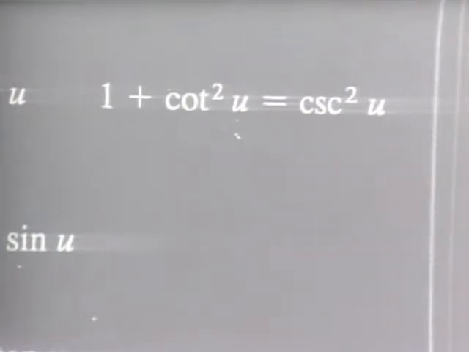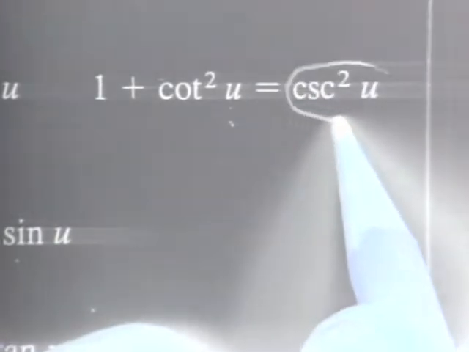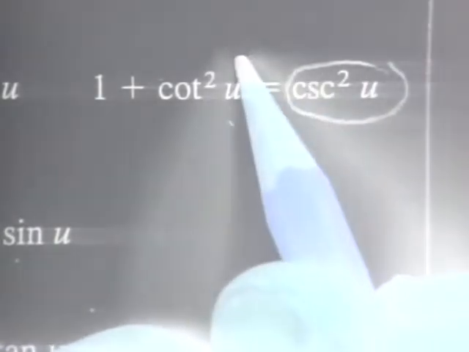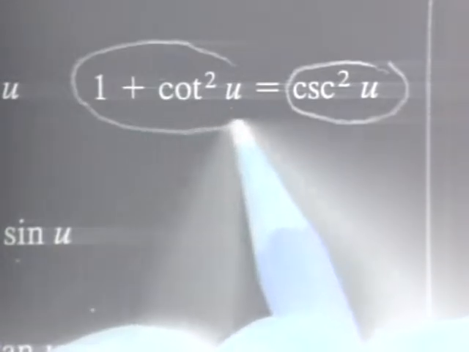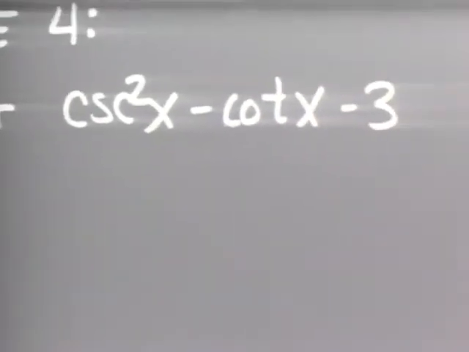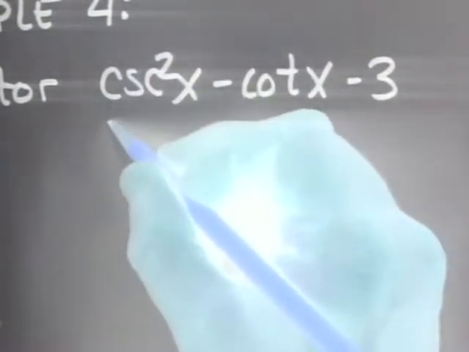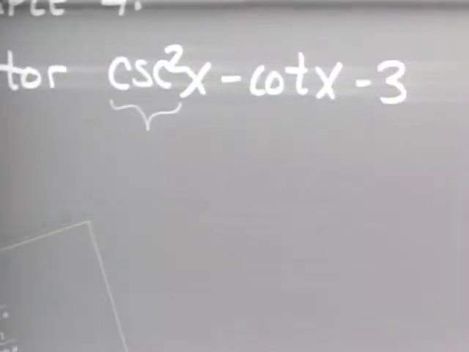Now, if you remember how these work, if I have a cosecant squared at any point in this class, I'm allowed to swap it out with this if it benefits me. And in this case, it will. I can take the cosecant squared and swap it out.